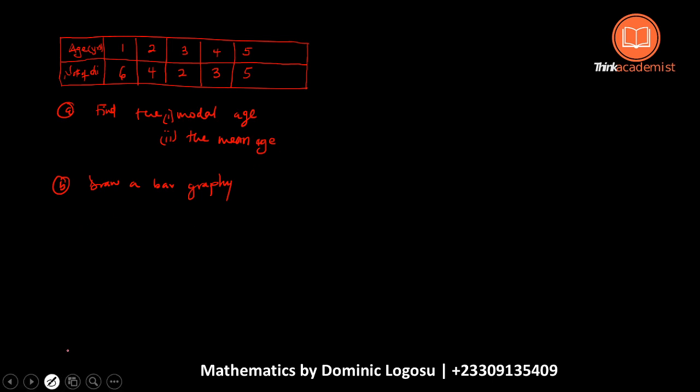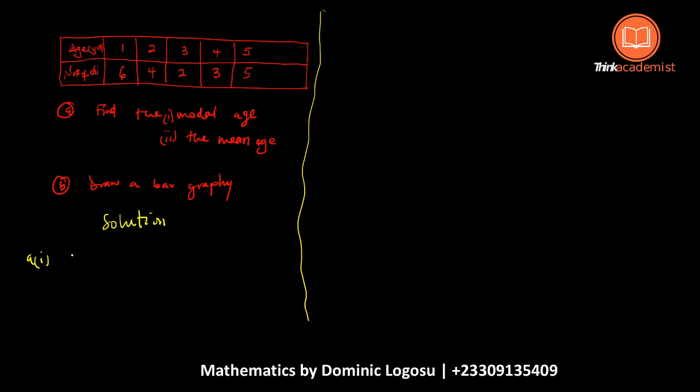So let's quickly spring into action. The very first one, which is A(i). Let me write solution. For A(i), you just have to go to the table and get it, because they've actually done the table for us. We don't need to do the tally and find the frequency before we can get the modal. Modal basically means which age has the largest number of children.